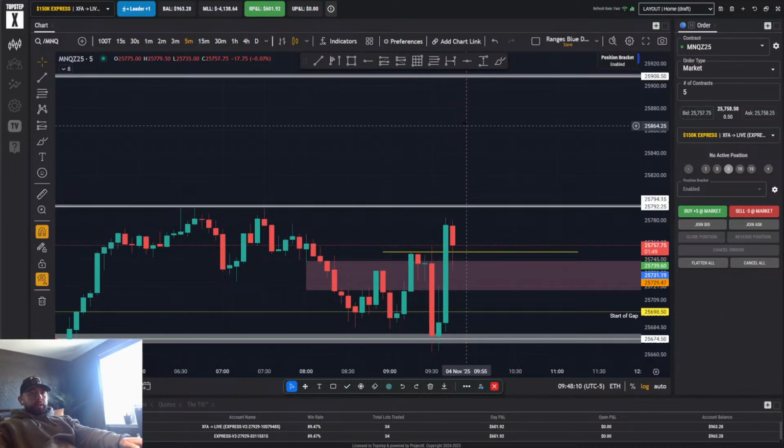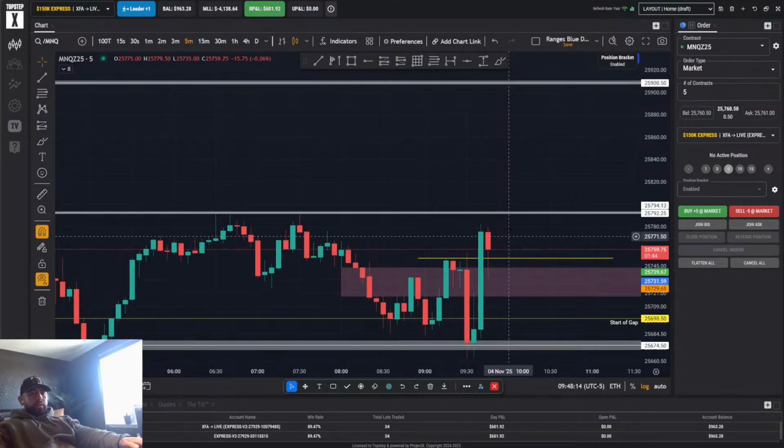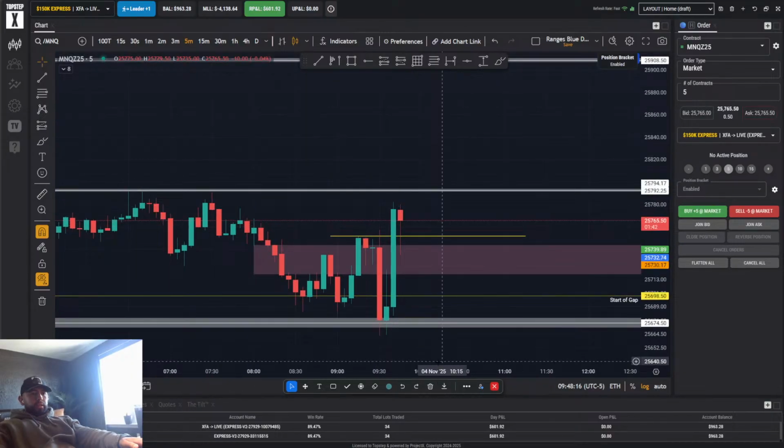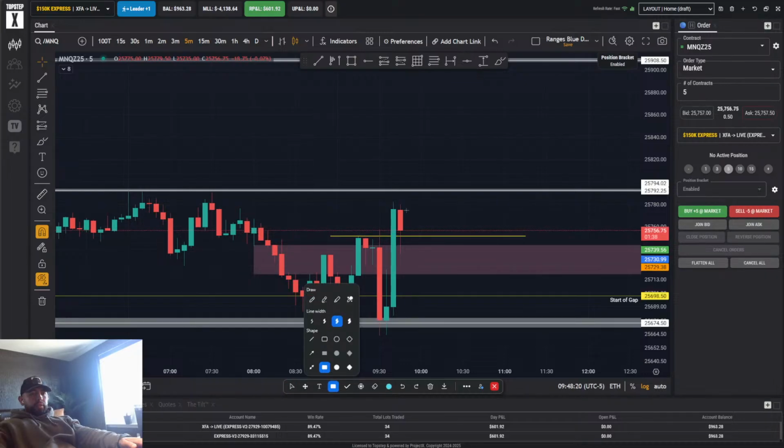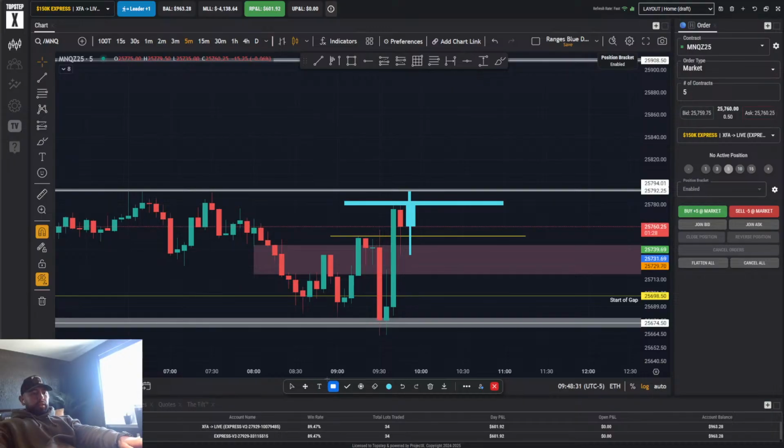I would like probably along here to like 800s. I want this to close red here. Right, because if this closes red, I want to see a wick be formed here, and then break that wick and break these highs.